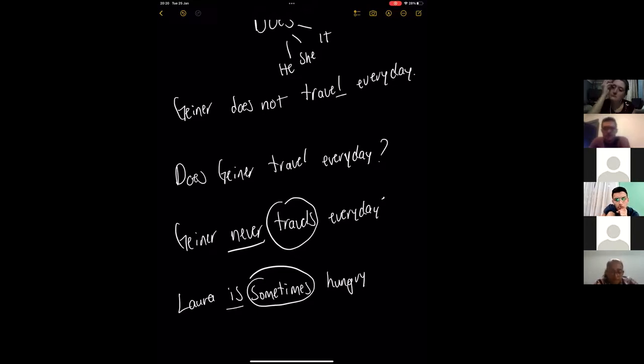No, you can use sometimes with any verb. I mean, sometimes, always, never, seldom, all of those are adverbs of frequency. In other words, you can use them with any verb. What is going to change is where you put them, if before or after the verb. If it is the verb be, it goes after.